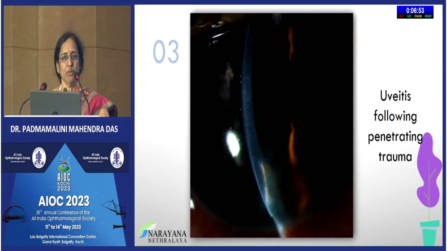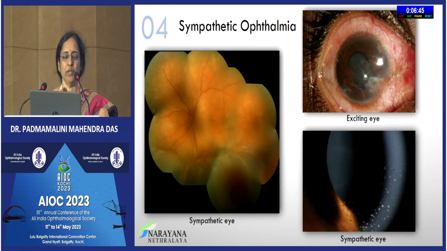Or a case of penetrating trauma which has self-healed, with no evidence of infection; they respond well to anti-inflammatory therapy. The fourth entity is granulomatous panuveitis, conditions like sympathetic ophthalmia, where there is a history of injury involving the ciliary body, the exciting eye, following which the patient develops panuveitis, inflammation of the anterior and posterior segment of the sympathizing eye.